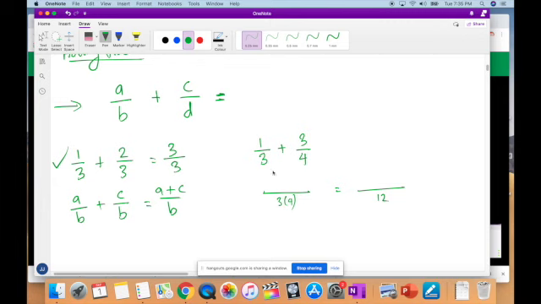So how many times could this go into the 12? 4. So you can kind of see that this could cancel with this and you'll get 4, eh? And then what do you have to do with that 4? Multiply by the 1. So you get that.